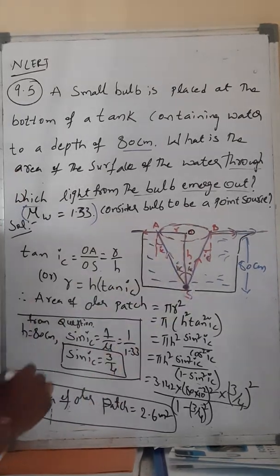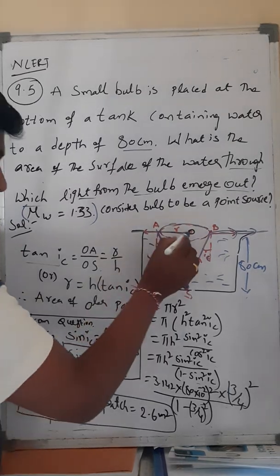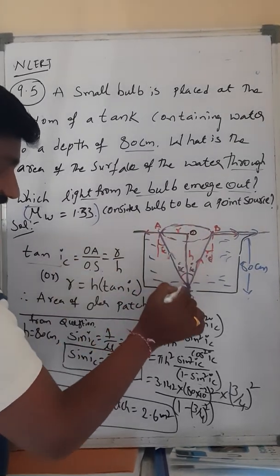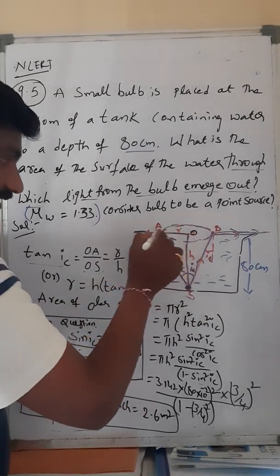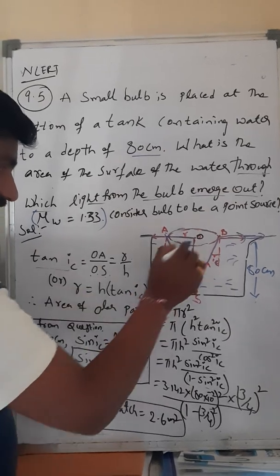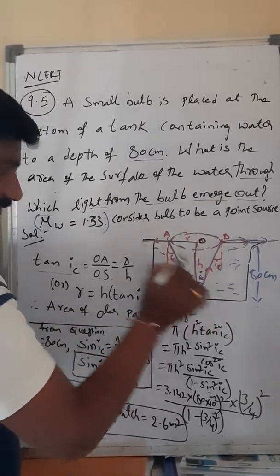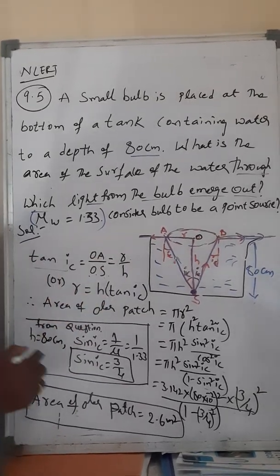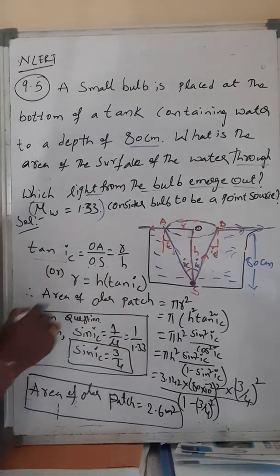From this right angle triangle, tan IC equals opposite side by adjacent side, OA by OS, which is the radial distance R of the circle. Since it is looking like a cone, this is the height H. tan IC equals R by H, so R equals H into tan IC.